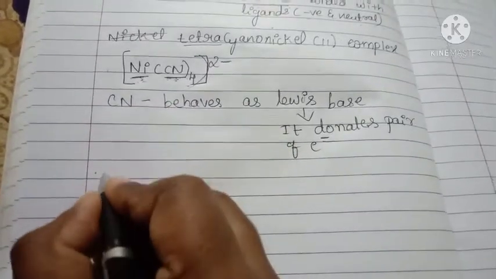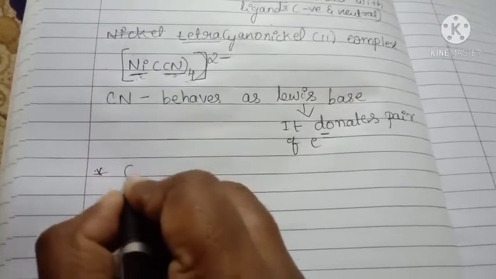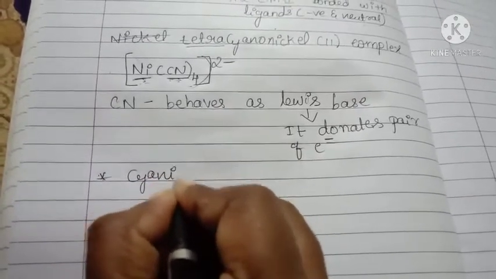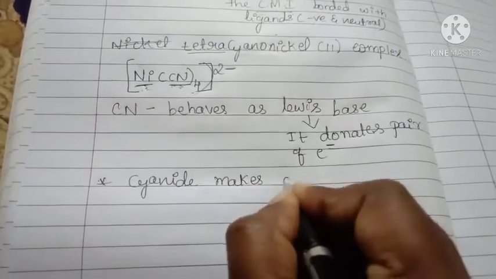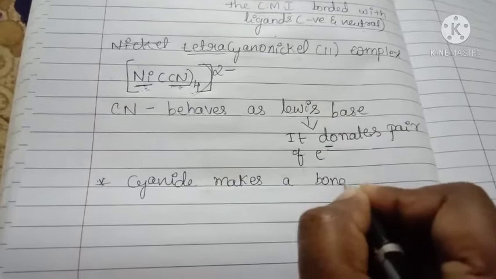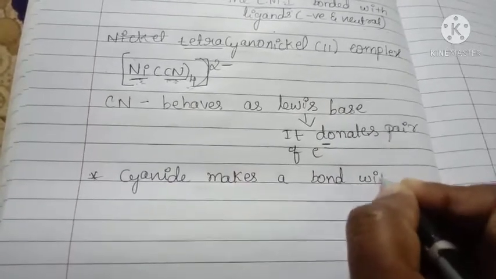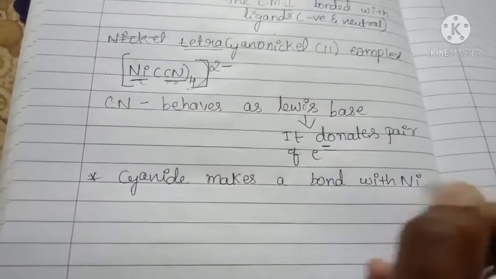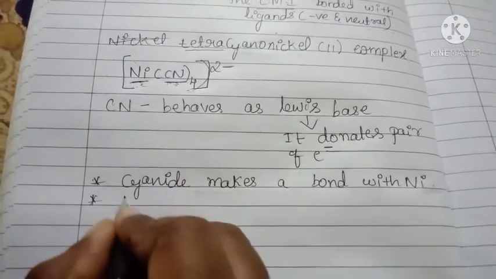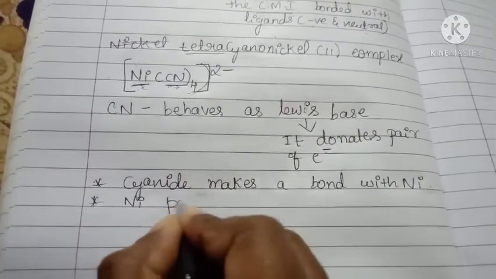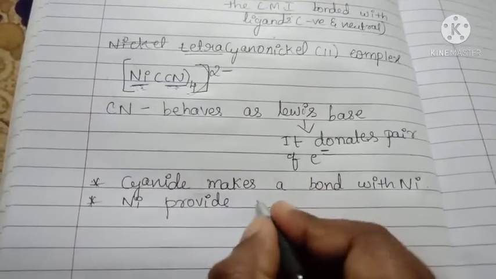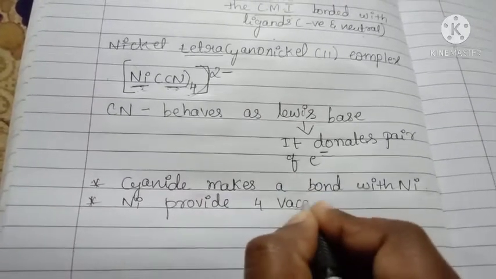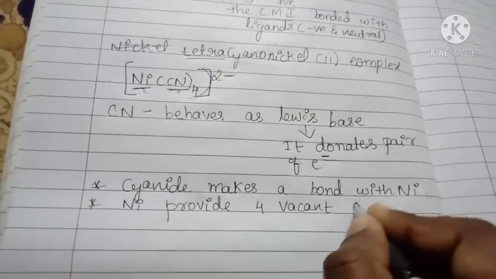Okay, here cyanide makes a bond with nickel, and nickel provides 4 vacant orbitals.